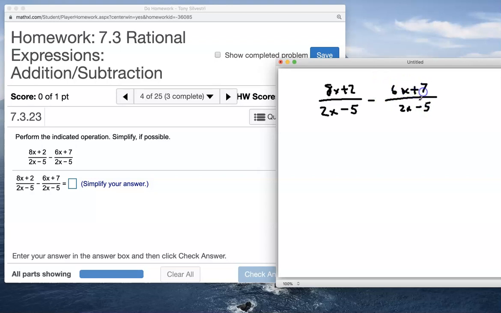Now, I'm sort of happy because the denominators are the same, obviously. The end answer, which I'm going to put right below, is going to have a 2x minus 5 in the answer. And then what you're going to do is subtract the tops. Now, here's the issue with subtraction, however.